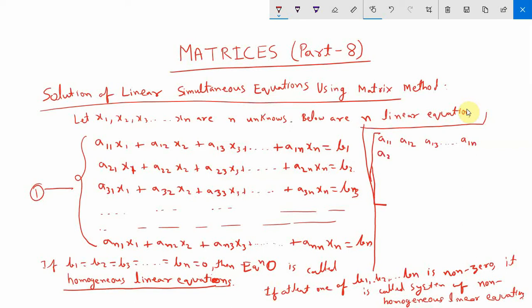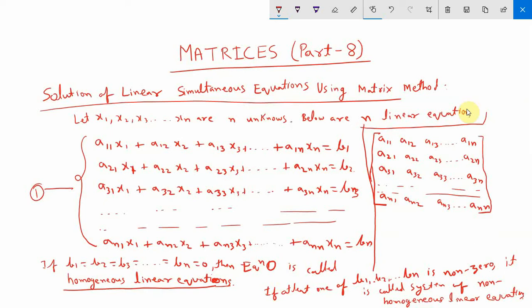The second row will be a21, a22, a23, and the last element will be a2n. The third row will be a31, a32, a33, and the last element will be a3n. Right? So next, the last row will be an1, an2, an3, and the last element will be ann. Right? So this is our one matrix.